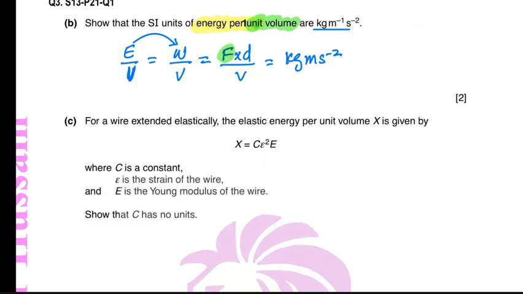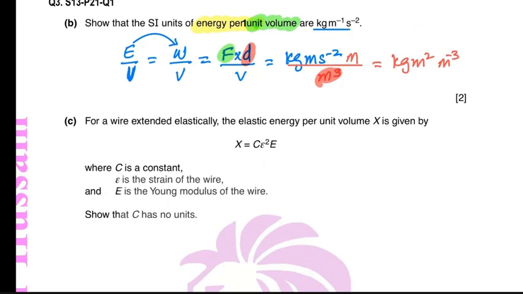Then d, of course, is in meters. Distance is in meters. So I'll write meters there. Meter cubed in the bottom, in the numerator it will become kg m squared, and then m^-3. This m^3 will come up and will become m^-3.